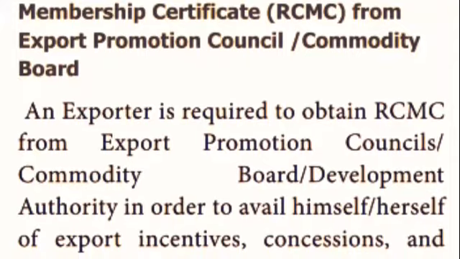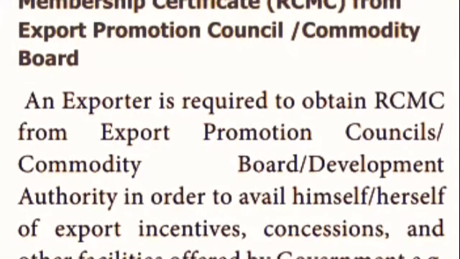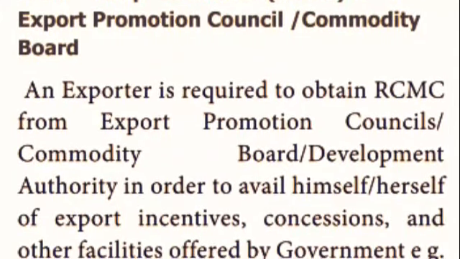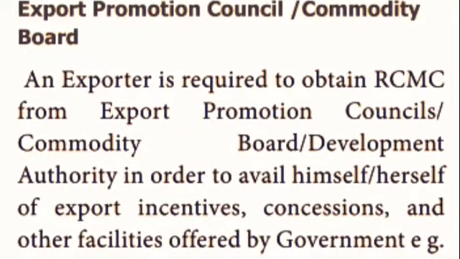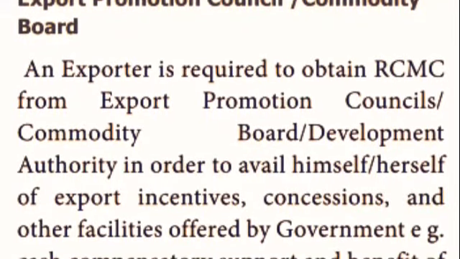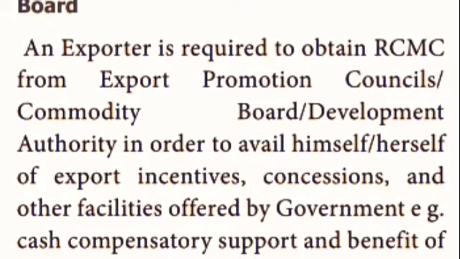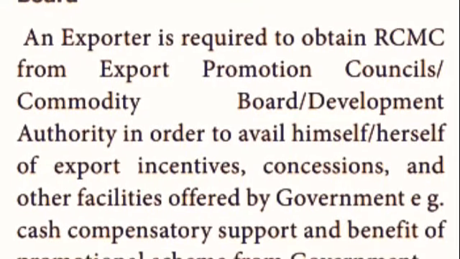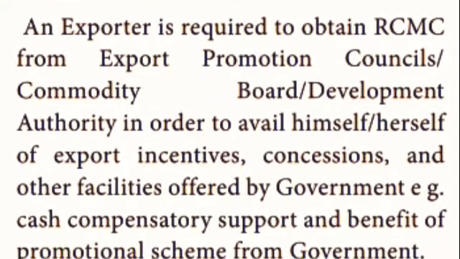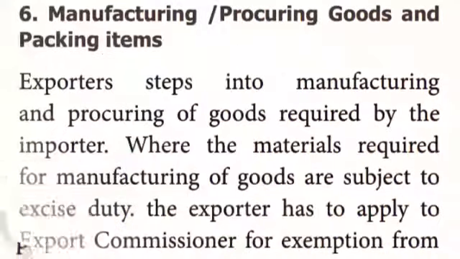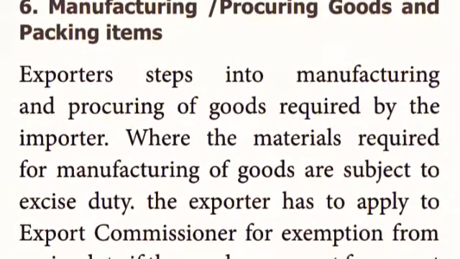Example, cash compensatory support or a benefit of a promotional scheme from the government. So the government gives some export incentives and concessions for activities related to import and export. Okay, so the next one, manufacturing or procuring goods and packing items.